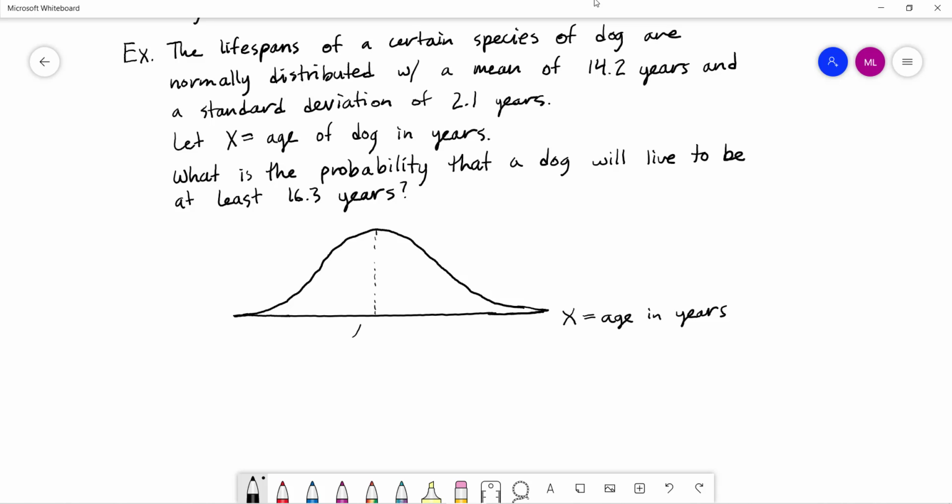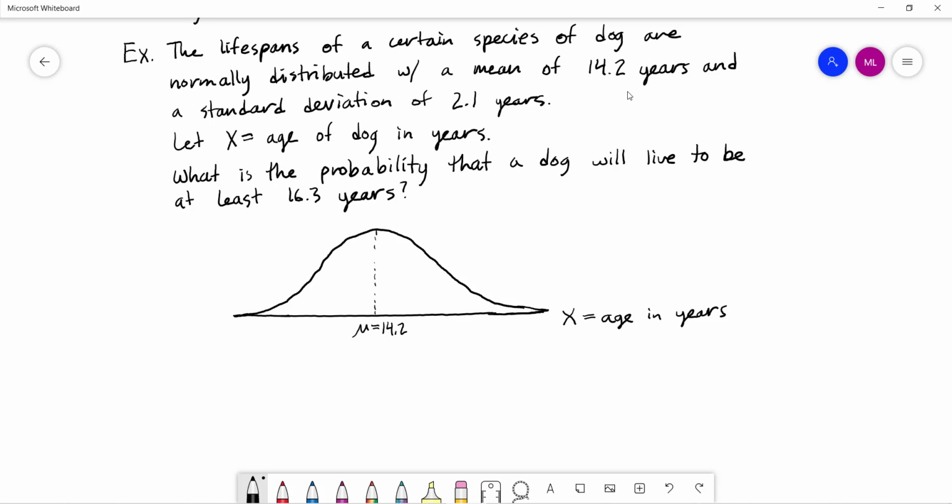The center is mu, but what did we just say mu is? The mu is the mean. It's 14.2. So if a dog winds up falling over here on this graph, that means it didn't live to be 14.2 years old. It's lived some age less than 14 years. And if it comes over here, it means that dog lived to be more than 14.2 years.